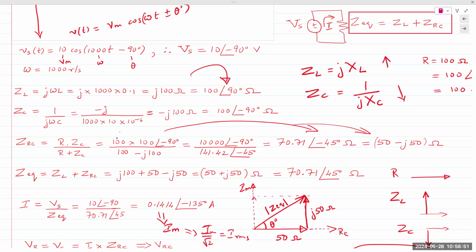Once you have ZRC, add it to ZL to determine ZEQ. Remember, we already have the equations. All we are doing is plugging in the numbers. Again, derive the equations first, then plug in the numbers and perform your calculations.